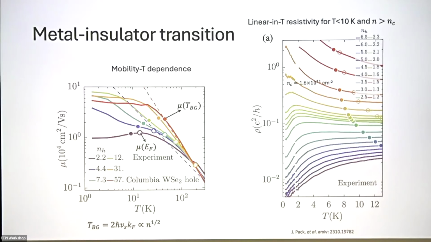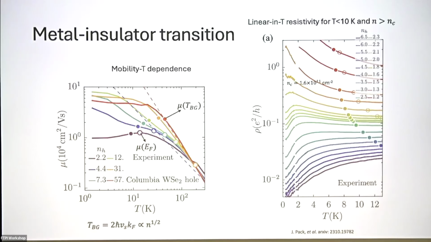If you look at the mobility as a function of temperature, you can see that in the lowest temperature regime, between 1 and 10 kelvin, it is quite flat. But as you increase the temperature, it decreases. This indicates that electron-phonon coupling enters as you increase the temperature. In my talk, I will focus on the disorder scattering mechanism, which limits the mobility in the lowest temperature range.